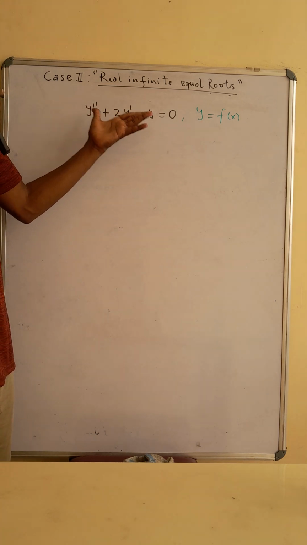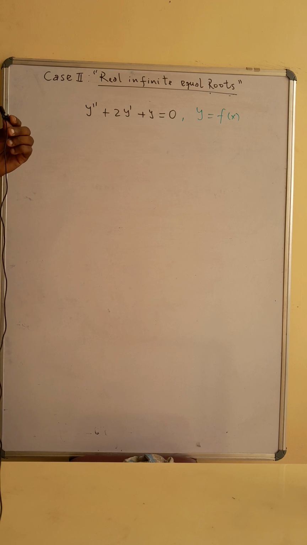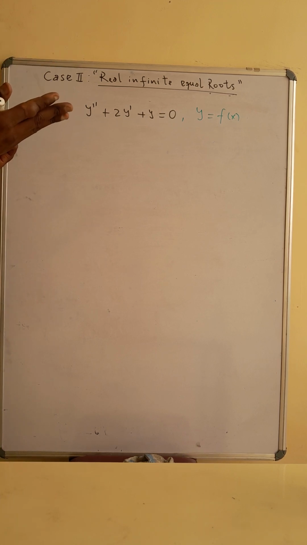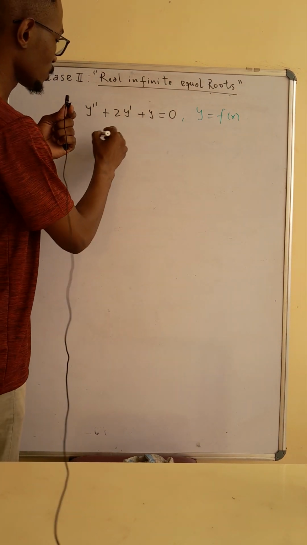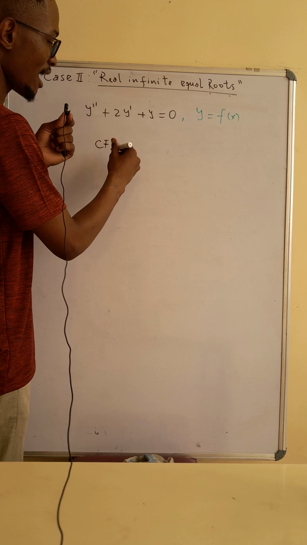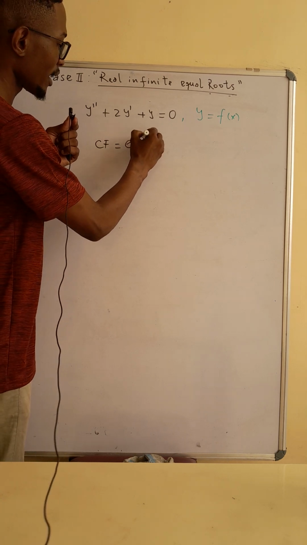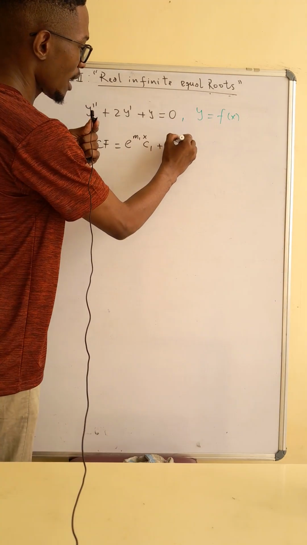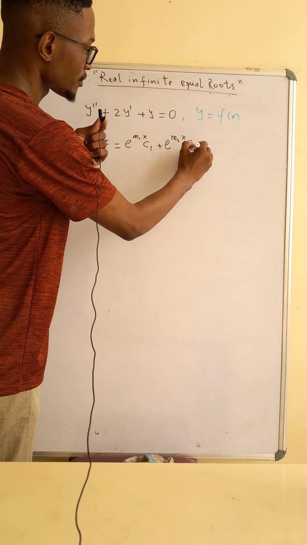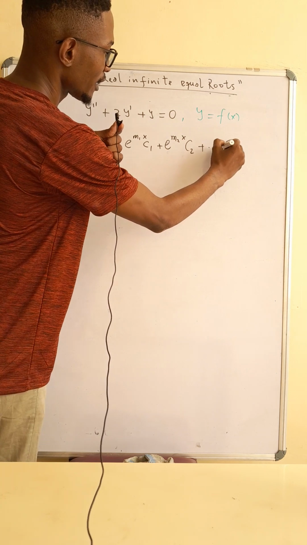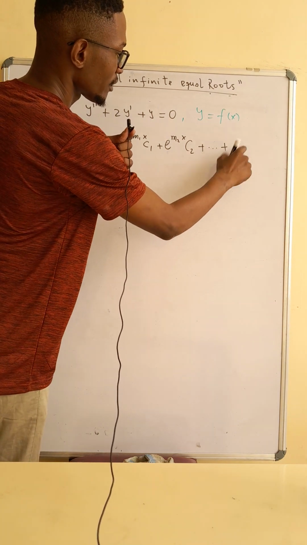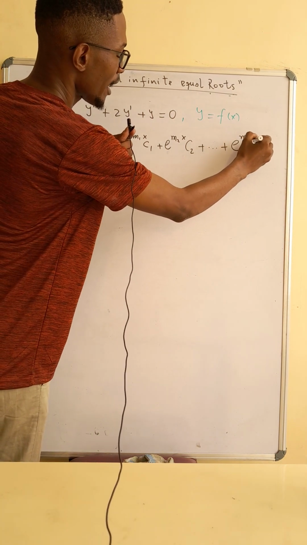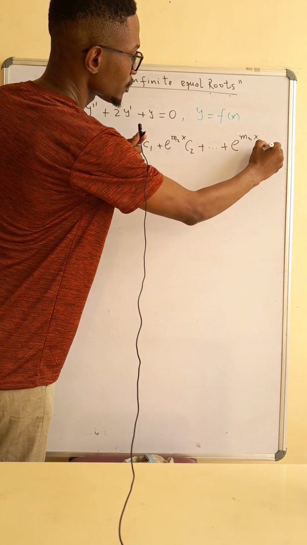When this equation has infinite roots, because we have solved for infinite different roots, the general term that we got was y_CF equal to Euler raised to m1 x times C1, plus Euler raised to m2 x times C2, plus the infinite sum, plus Euler raised to mn x times Cn.